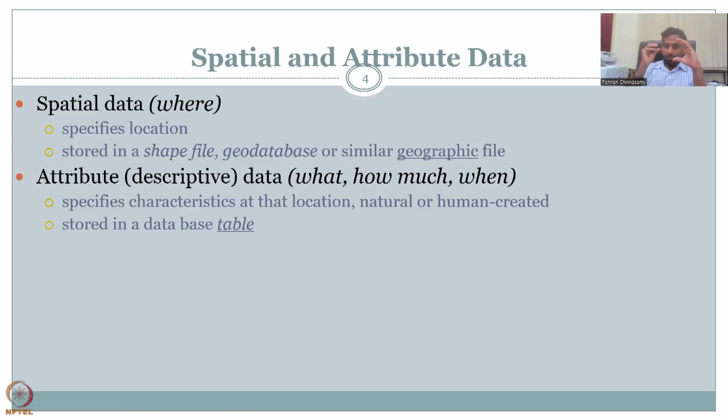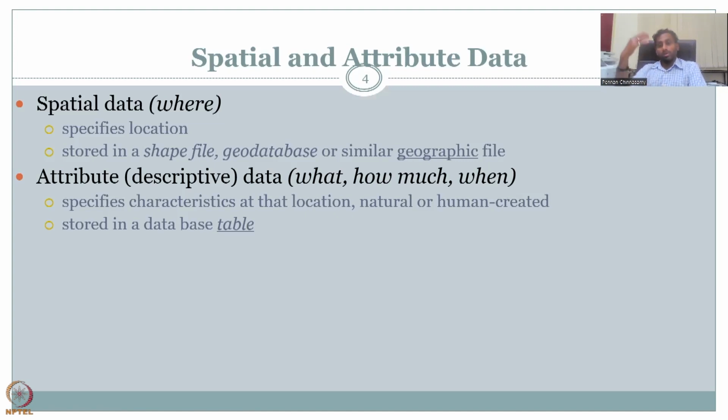Let's say Tamil Nadu's population. So Tamil Nadu is the spatial location, which is the first bullet. Then the second bullet is what data comes into the system. So these are specific characteristics at that location, natural or human created. These are stored in a database table, in a table format. Okay.